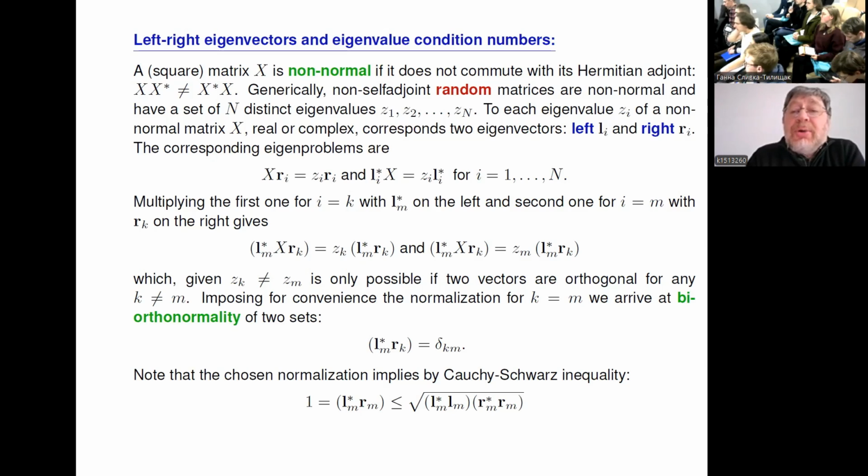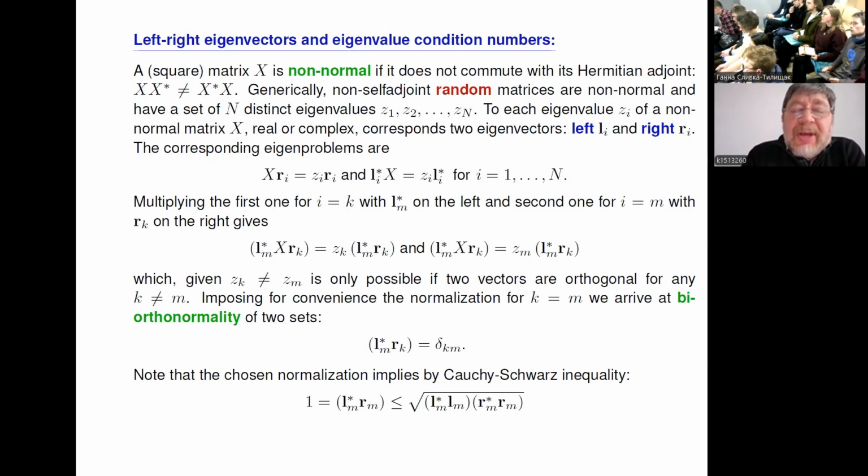To each eigenvalue of such a matrix, real or complex, correspond eigenvectors. This is in contrast to self-adjoint matrices, where we have only one set of eigenvectors. For non-normal matrices, we have left eigenvectors and a set of right eigenvectors, and the corresponding eigenproblems are written here.